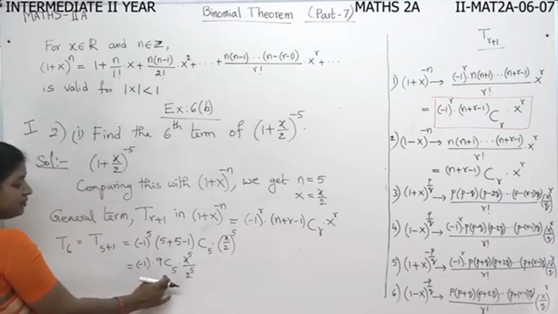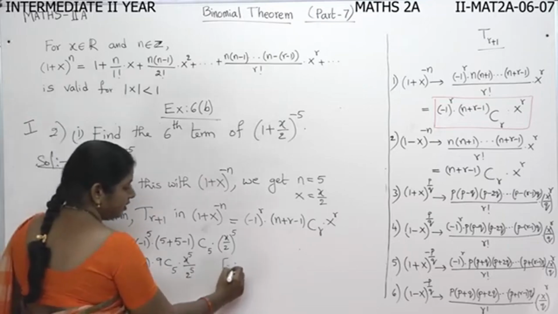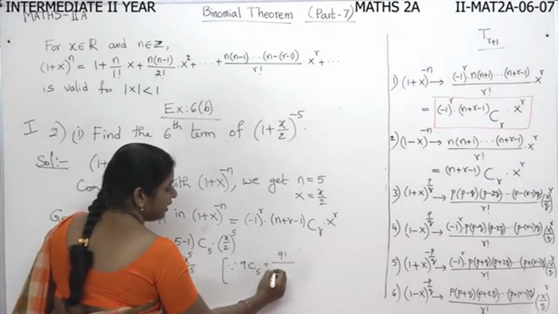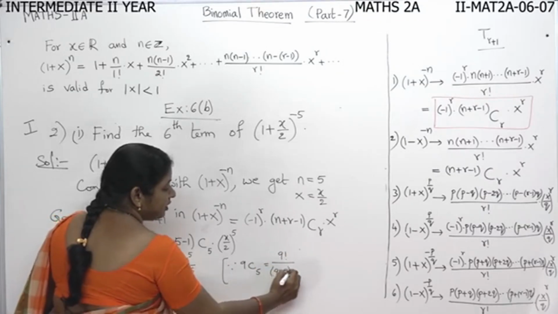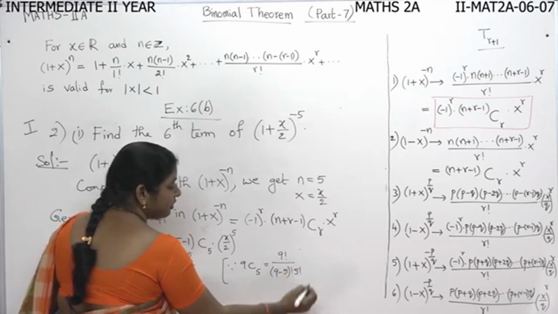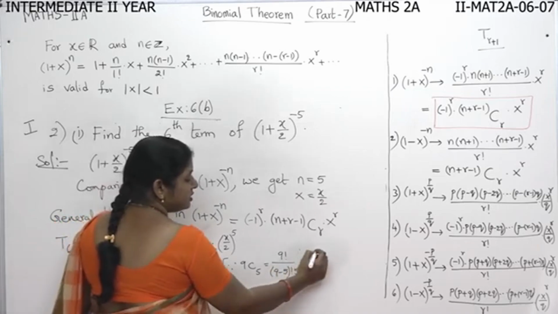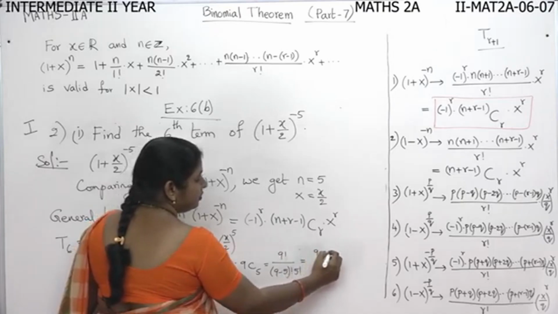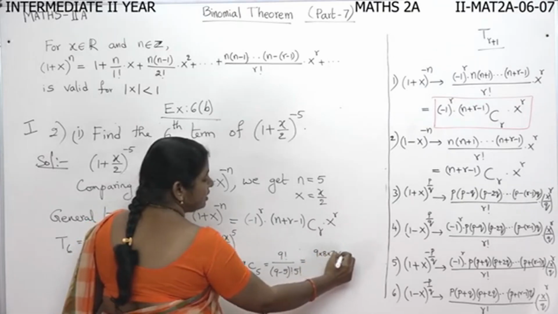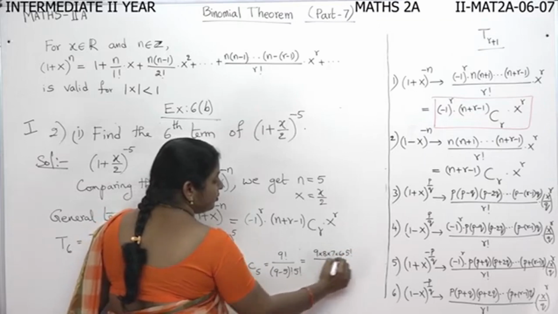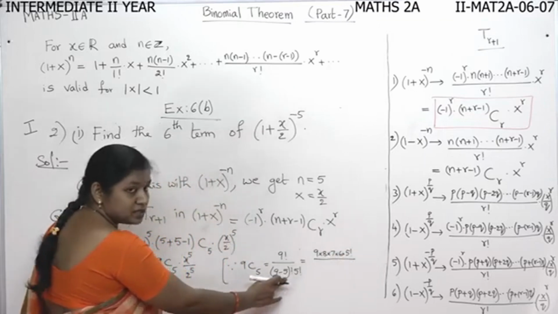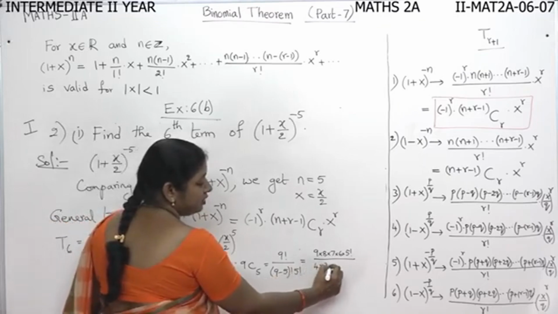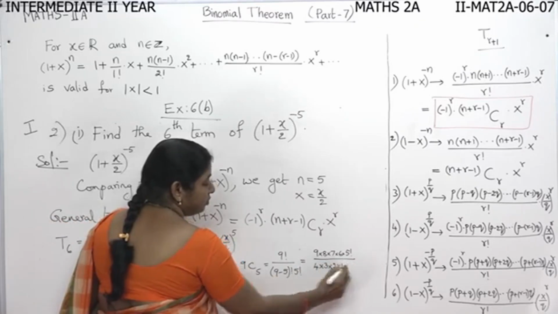But what is 9c5? 9c5 value is 9 factorial by 9 minus 5 factorial into 5 factorial. 9 factorial can be written as 9 into 8 into 7 into 6 into 5 factorial, by 4 factorial, which is 4 into 3 into 2 into 1, into 5 factorial.